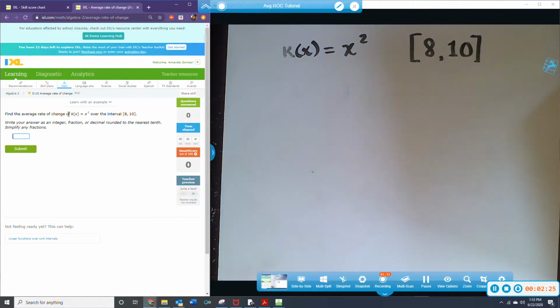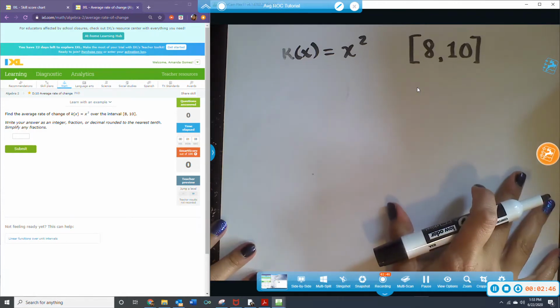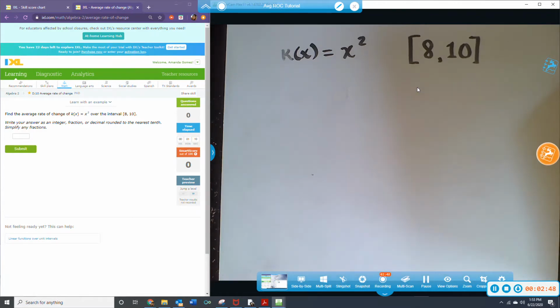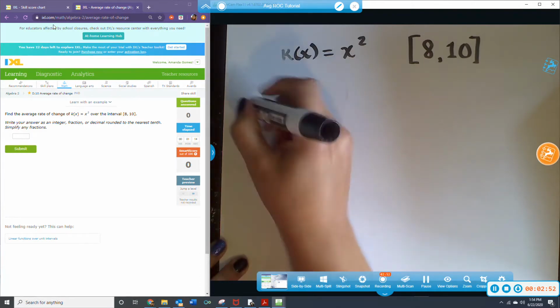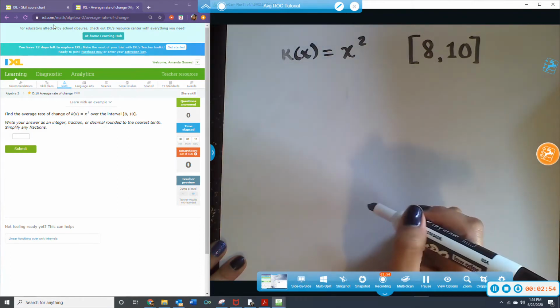Where we left off previously, we had done just the basics together in our interactive notes online. So what I wanted to do here is take it a step further. I know you guys know rate of change, and I showed you on a table. We're going to do something very similar.